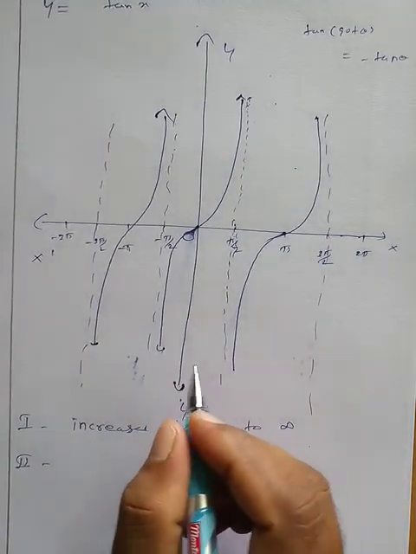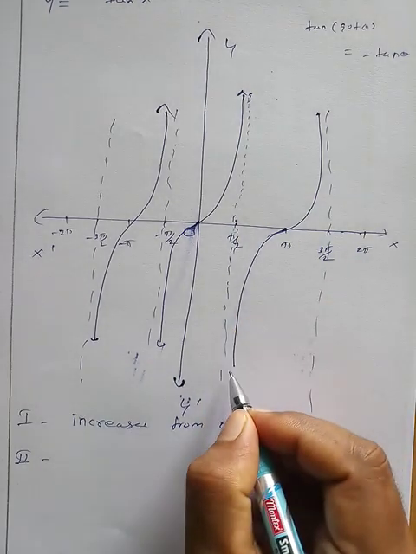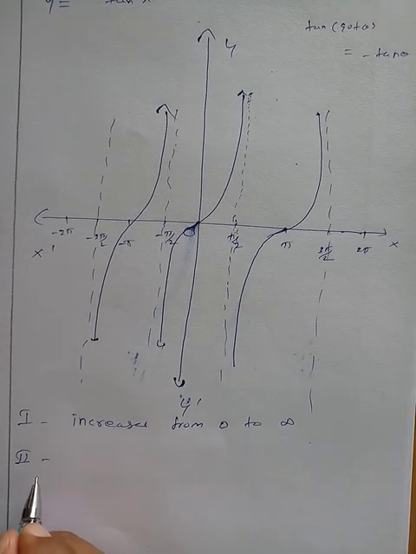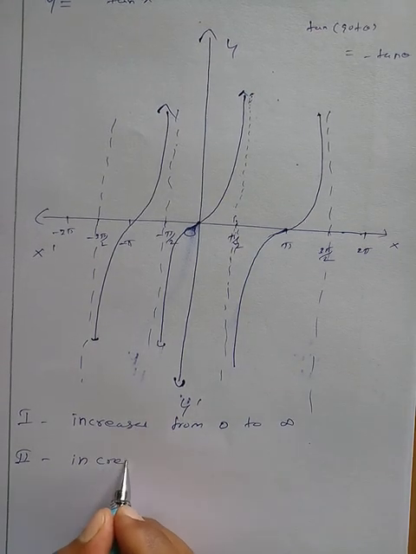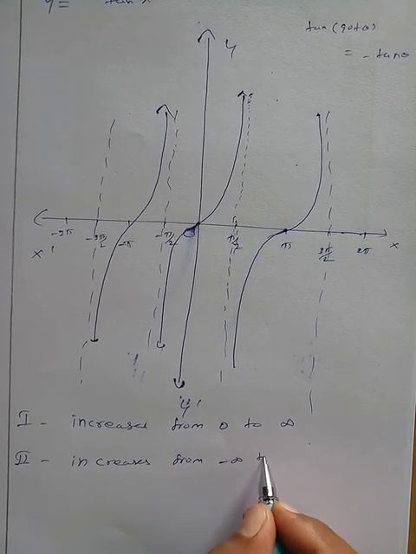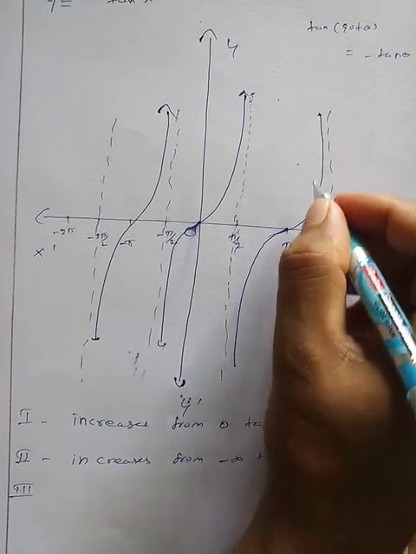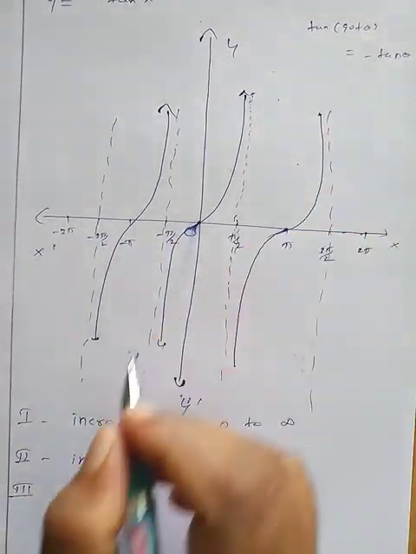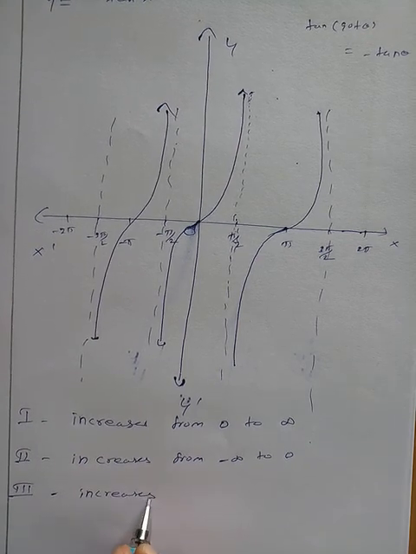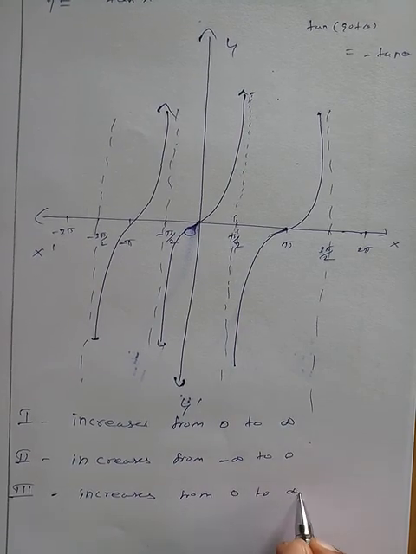Second quadrant, here increases from minus infinity to 0. Third quadrant, increases from 0 to infinity.